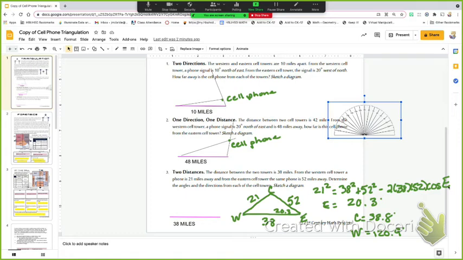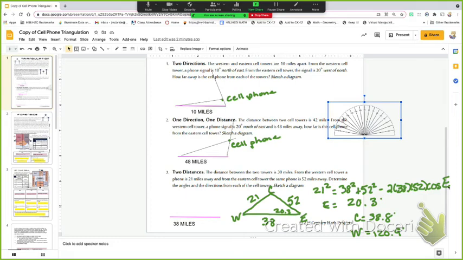So then you're going to go back and draw it to scale. For right now, I'm not going to draw it to scale for sake of time, because I want to show you a couple things. Not only did it say to find the angle from each tower, but it is also the direction.